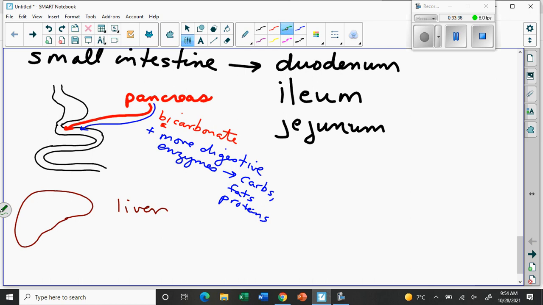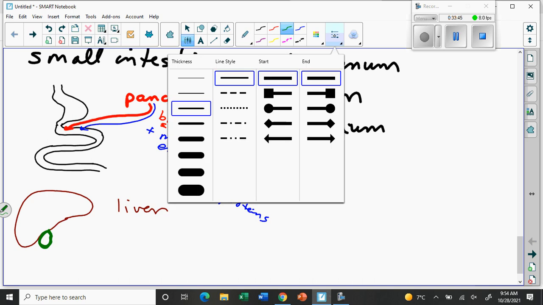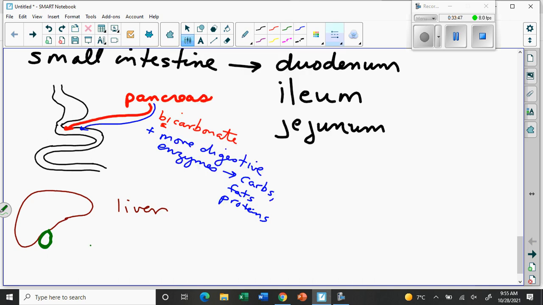Now, the liver has attached underneath it this little gallbladder, right? This little sac. So the gallbladder is sort of associated with the liver, and it's another guy we have to think about. But he's really just a storage place. So what the liver produces is something called bile.